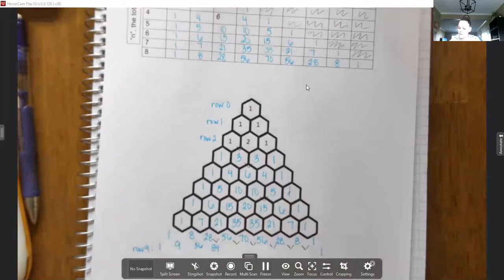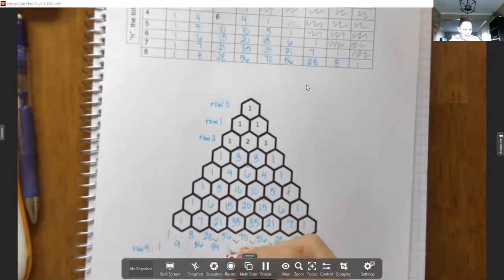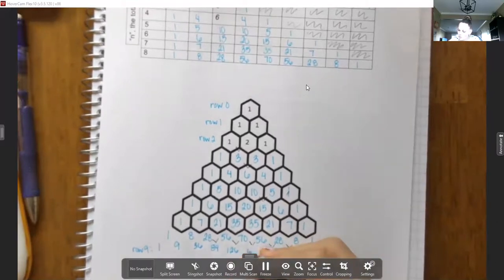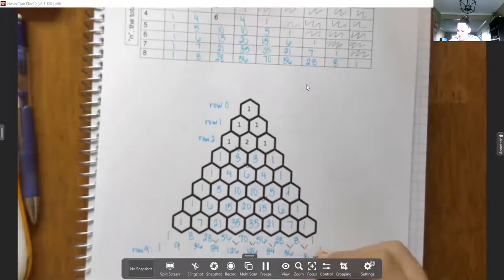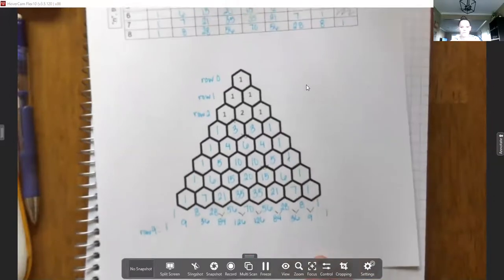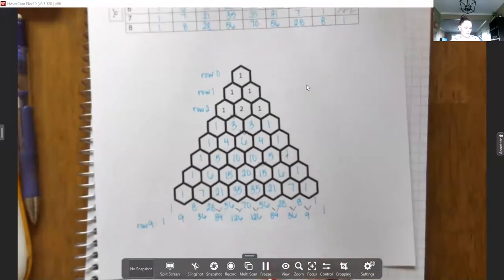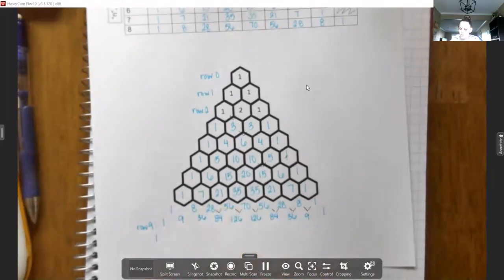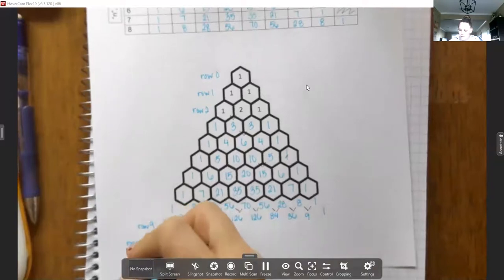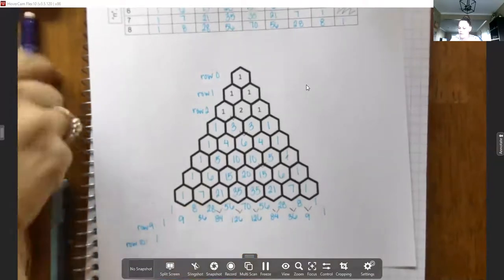So 56 plus 70, we get 126. 126 again. That's why they start repeating. 84, 36, and 9. So see if you can fill in row 10.